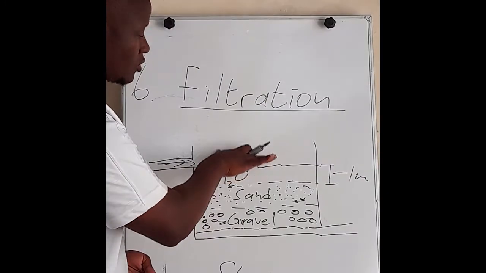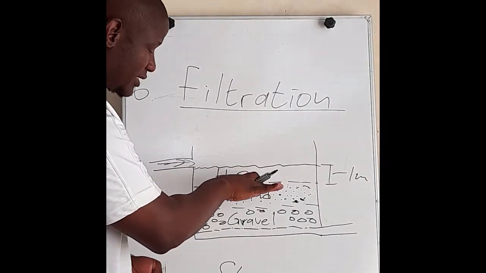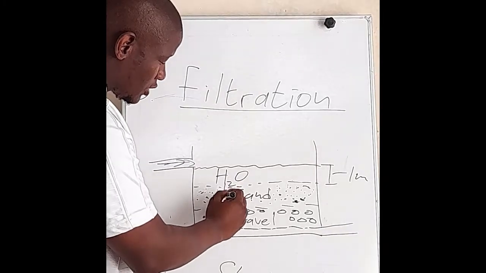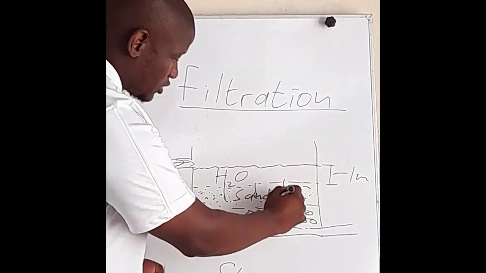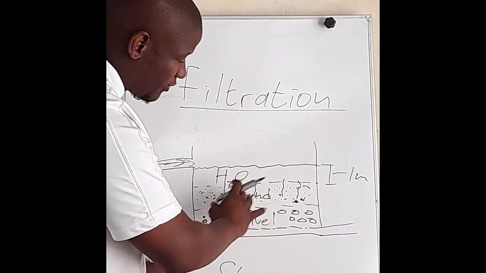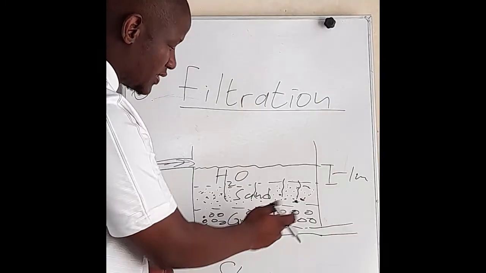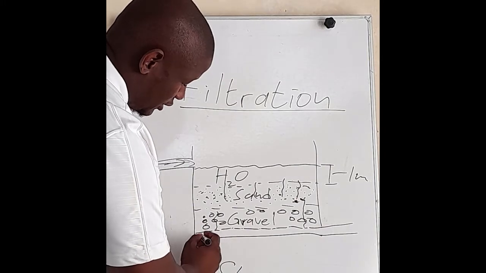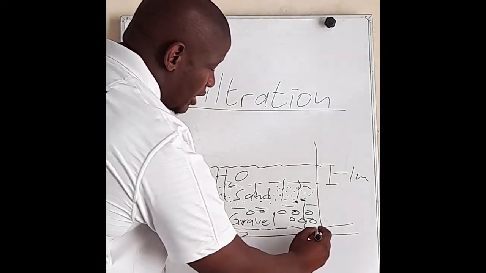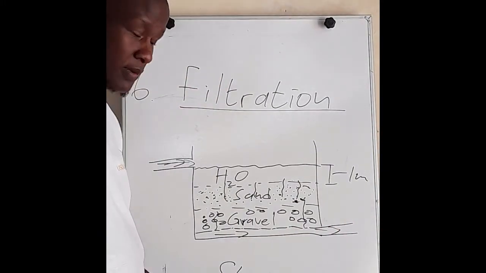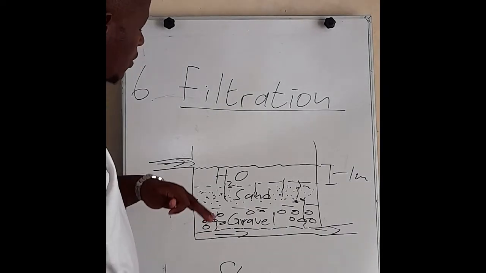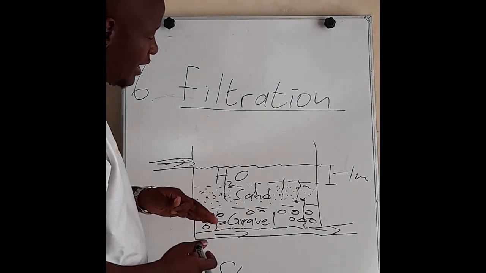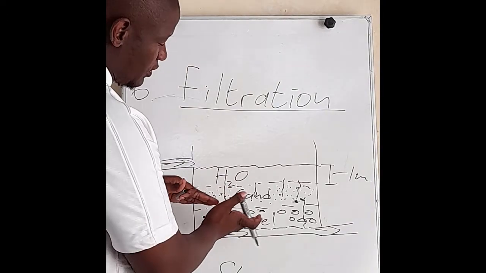You need water pressing against water so that it goes through the pores, or perforations, under the sand, through into your gravel, until it gets into the perforated part and goes out over there.